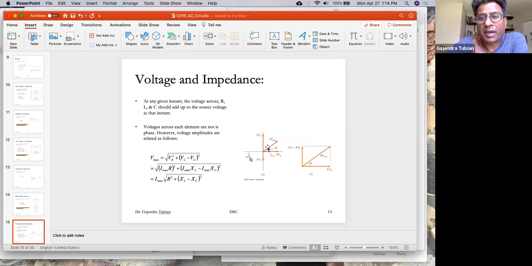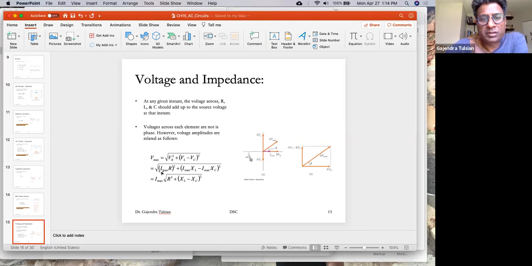And what is the maximum amplitude of the voltage across the three? It's VR squared plus, you can see this, the x component of this vector is VR, and the y component of the vector is VL minus VC. So using the Pythagorean theorem, it is x squared plus y squared.